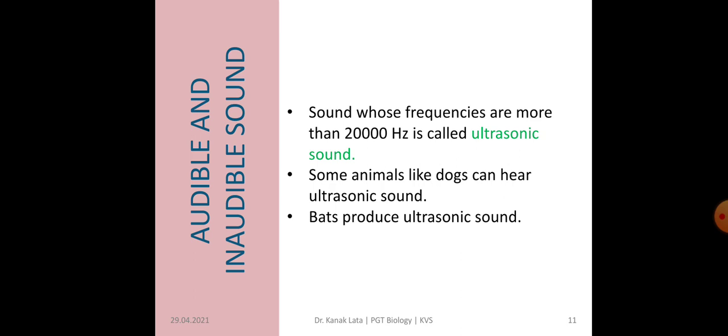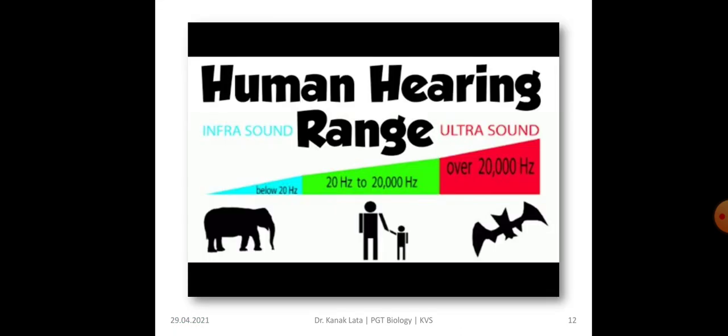Some animals like dogs can hear ultrasonic sounds, and bats produce ultrasonic sound. This figure indicates the human range of hearing. It shows by green color that it is between 20 Hz and 20,000 Hz only.